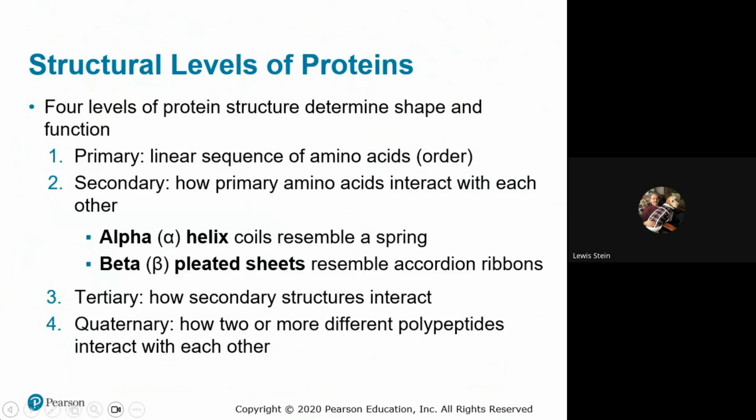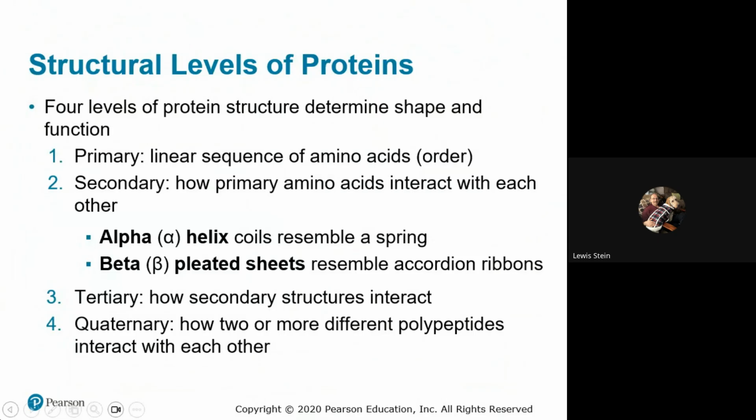So if you have tertiary structures like this, you might have a mixture of pleated sheets and spirals, based on those interactions.